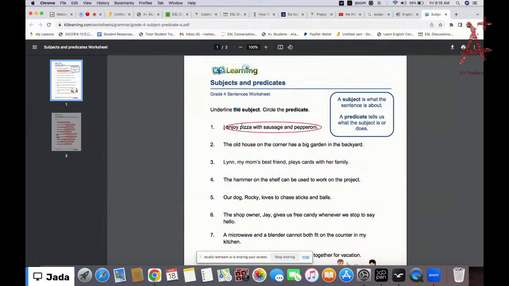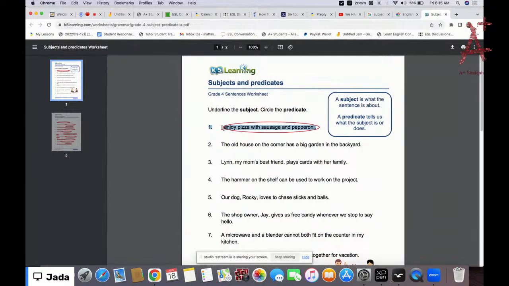You see the I here? This I is the subject because it says I enjoy pizza with pepperoni. So who enjoys it? I am the one who enjoys it. So that's it.